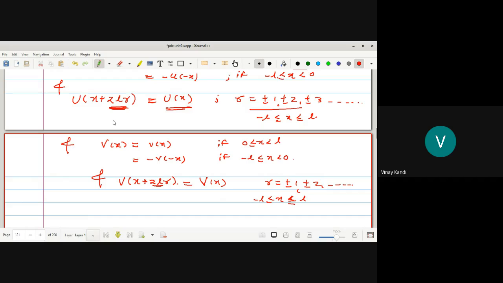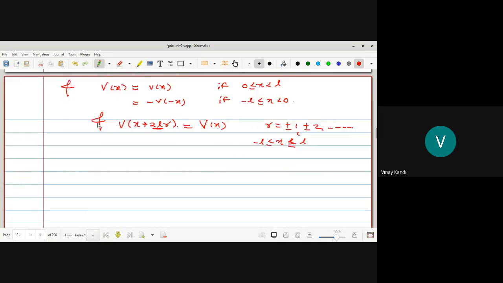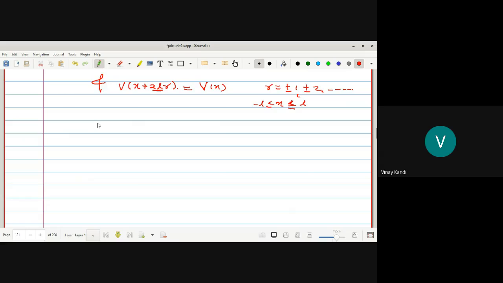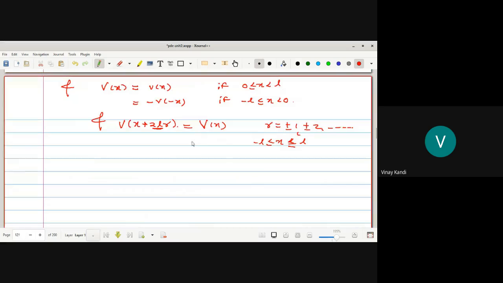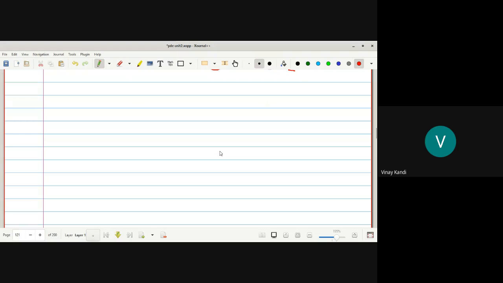Okay, so this is the u of x and this is the v of x. Now give it as an equation number 10. हा तुमचा equation number 10 and this is the equation number 11. We can see that capital U and capital V are odd functions.